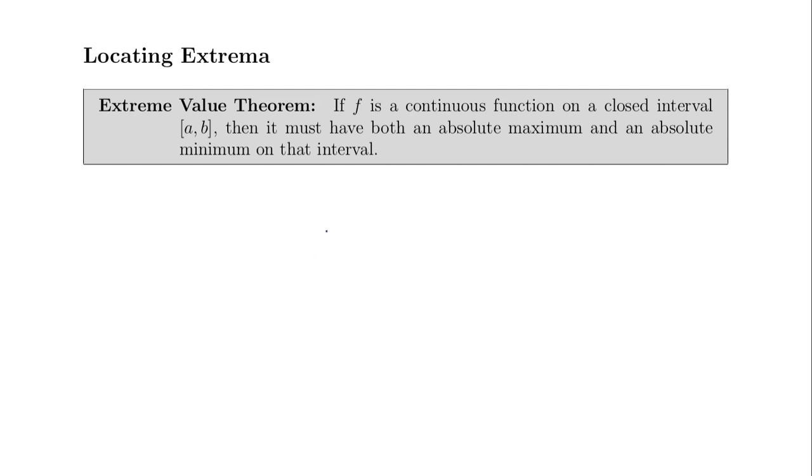So two requirements: continuity and a closed interval, and then we get for free both an absolute max and an absolute min. Notice we don't know where they are. We just know that they show up. We know that this function, as long as it's continuous on a closed interval, has to have an absolute maximum and an absolute minimum.